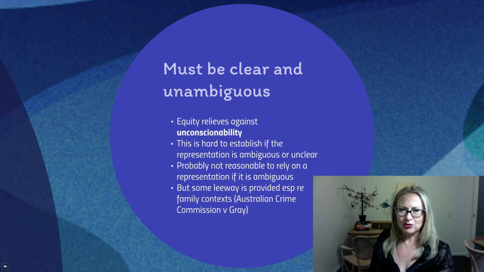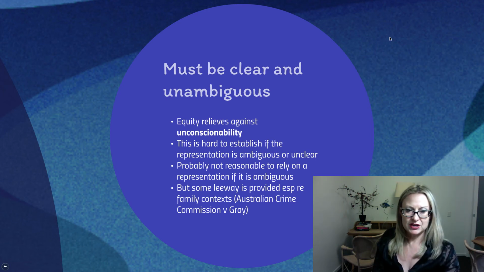I'll leave you to explore the detailed facts of that case at your leisure, but essentially it involved what expenses would be covered in supporting a family that had gone into the witness protection program. And the Australian Crime Commission had promised the family that they wouldn't suffer any financial disadvantage. And the question was, well, how do you unpack financial disadvantage? I mean, when does it stop?